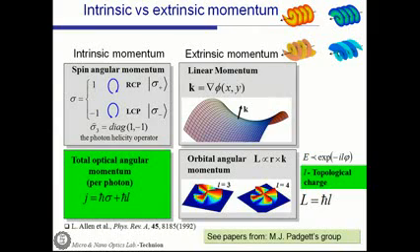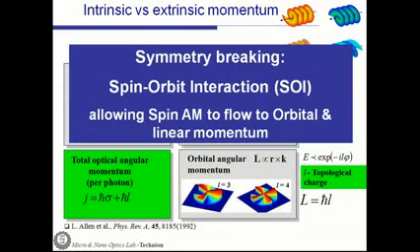Allen published an important paper about calculating the total optical angular momentum in the paraxial regime, which is equal to the intrinsic angular momentum, the spin, plus the orbital angular momentum, which is the topological charge.